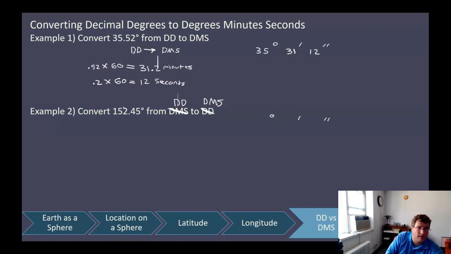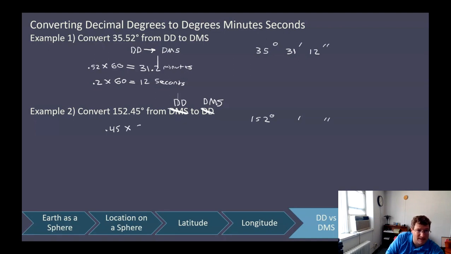So the first thing we're going to do is pull this 152 off, because the number of whole degrees doesn't change. And we know that we were 0.45, or 45%, progress to the next degree.